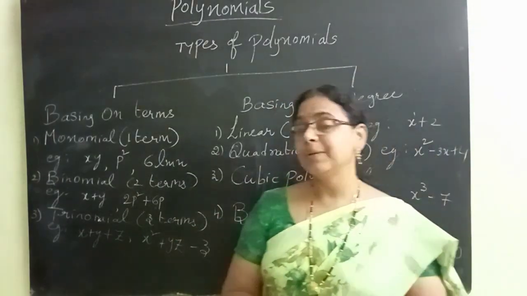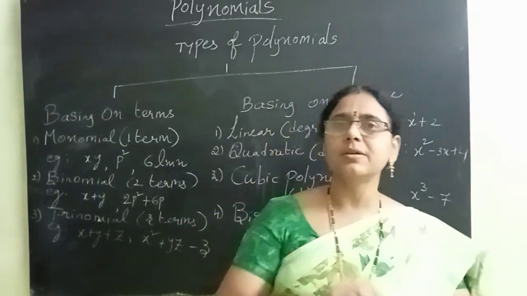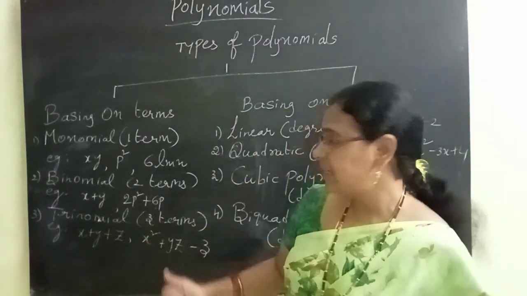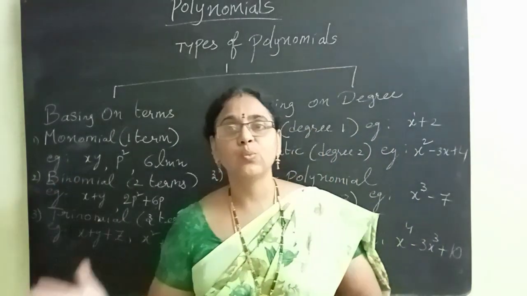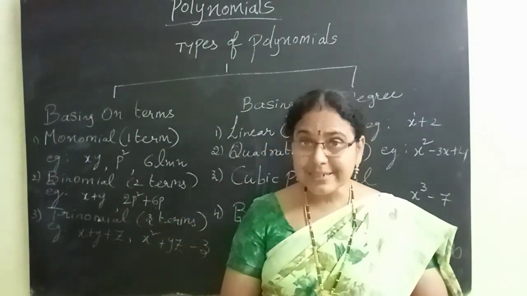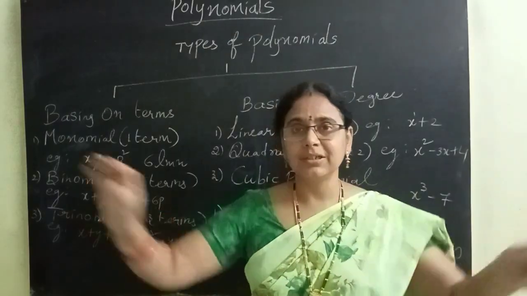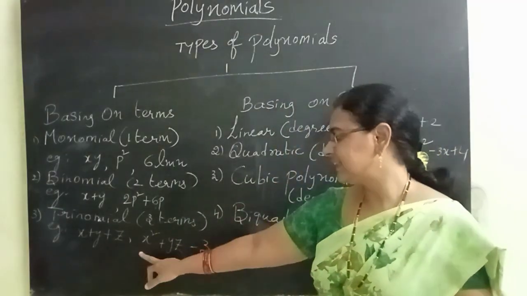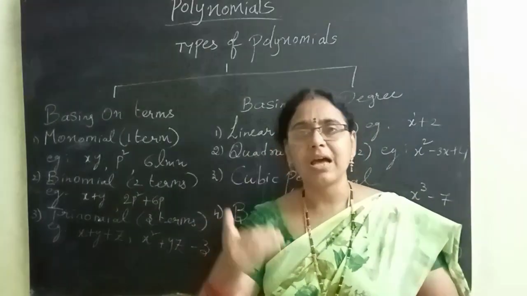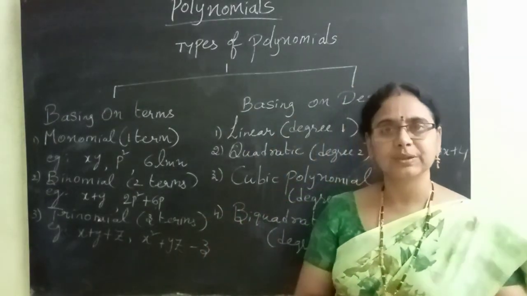Okay, like that, a polynomial having three terms, then we will call it a trinomial. Having three terms, x plus y plus z. X, y, z are terms, plus divides the terms. Same like that, x square, y, z, 3 are three terms. Here plus or minus divides the terms.